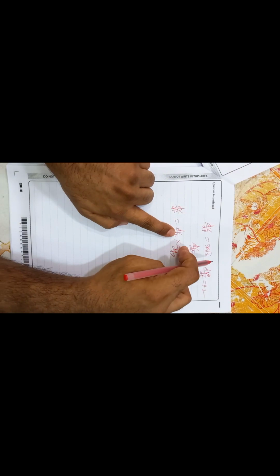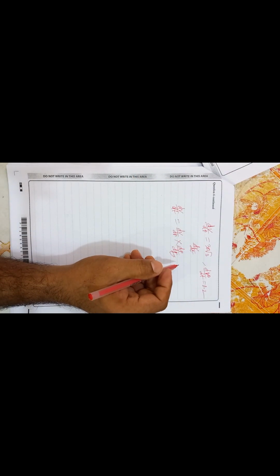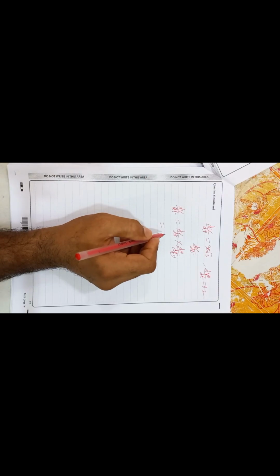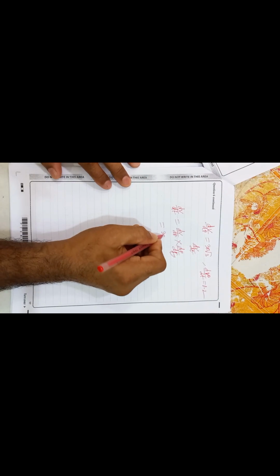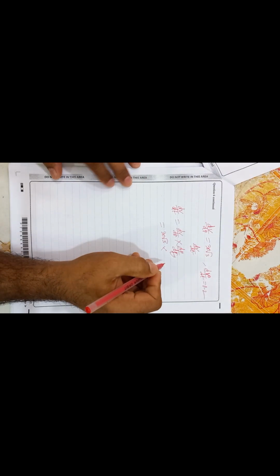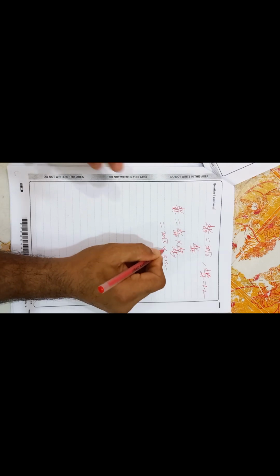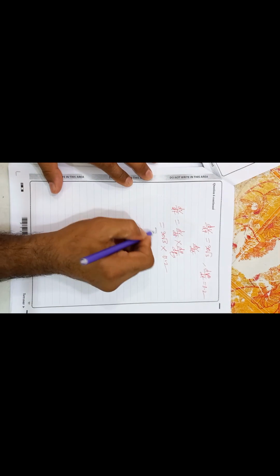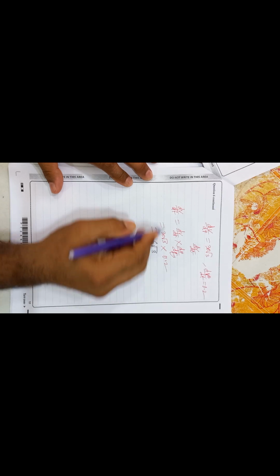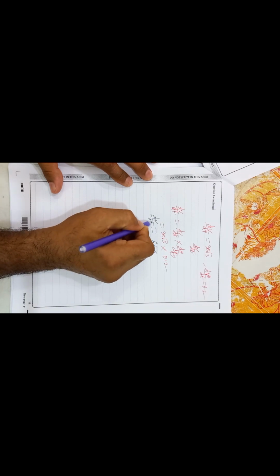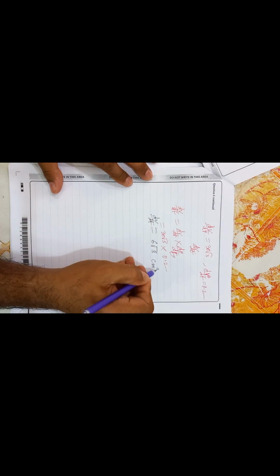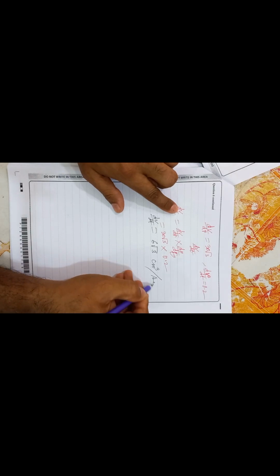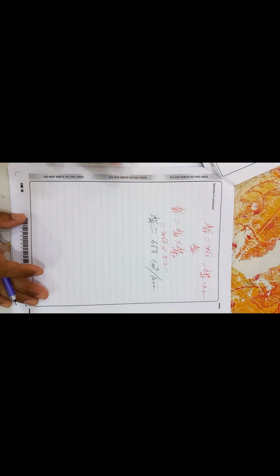You see, if I cut dr, the left side and right side balance. Now you put the value: dV over dr is 30 root 3 and dr over dt is 0.2. By calculating we will get 6 root 3. Since it is dV over dt, V means volume in centimeter cube and t means per second. This is the final answer.